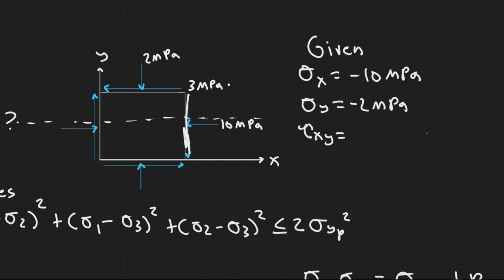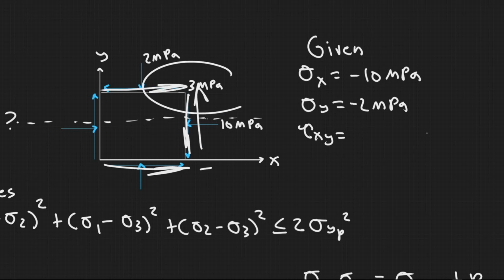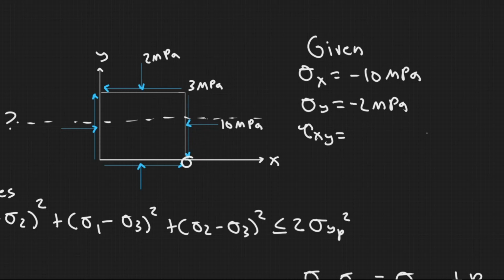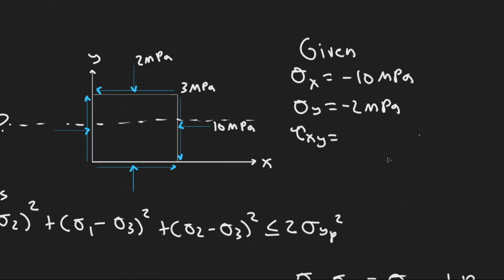If they're both pointing like this, the value is negative. If they point like this, then it's positive. In this case, the arrows are pointing to this corner and this corner, so it's negative. If it was the opposite, it would be positive. So we know the answer is going to be negative, so -3.